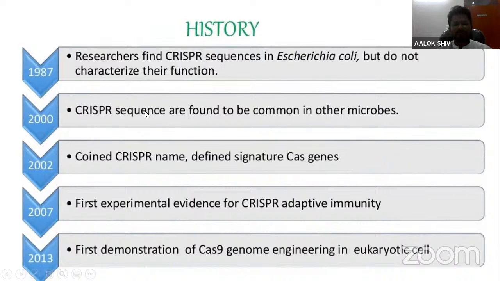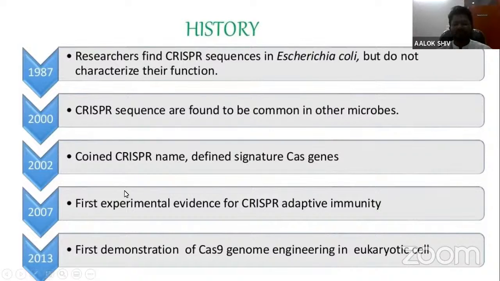The CRISPR sequences were found to be common in other microbes. Other than E. coli, they are also present in other microbes. Then the CRISPR name was coined and the signature Cas genes were defined. Along with the CRISPR, different Cas genes were identified, and these Cas genes are responsible for the formation of Cas proteins, which are endonucleases.